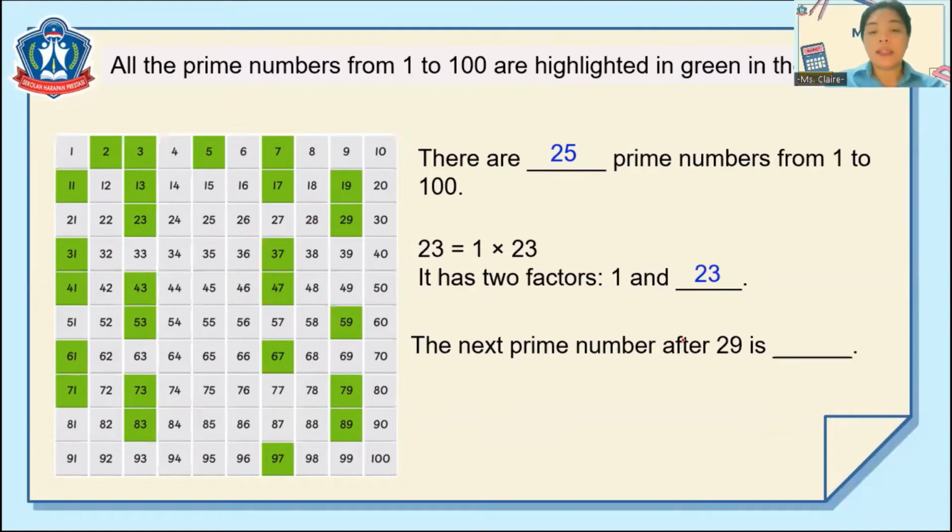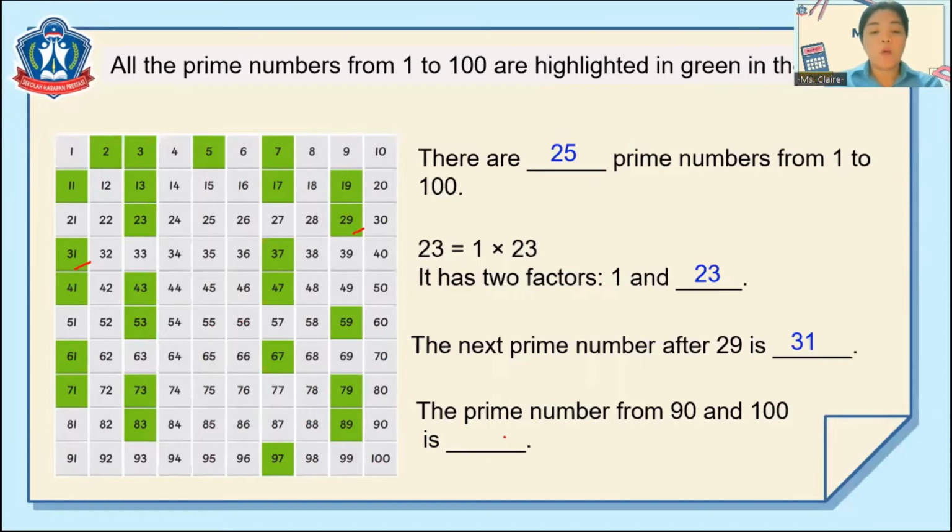Now, what is the next prime number after 29? Yes, it's 31. So 31 has no other factor except 1 and itself. Now, what is the prime number from 90 to 100? That is 97.